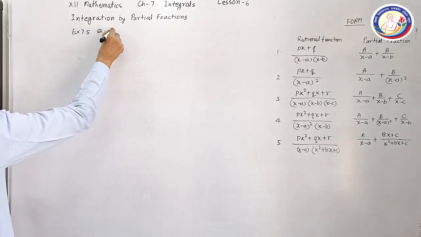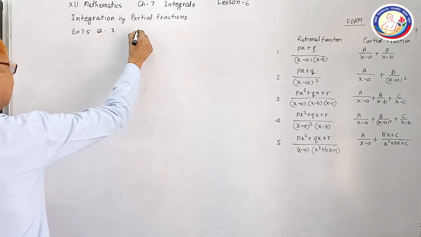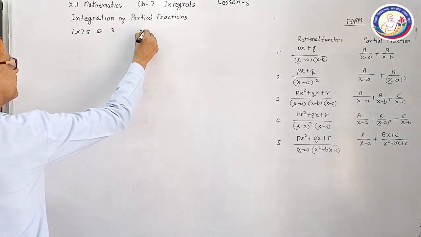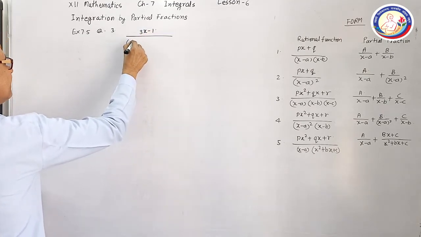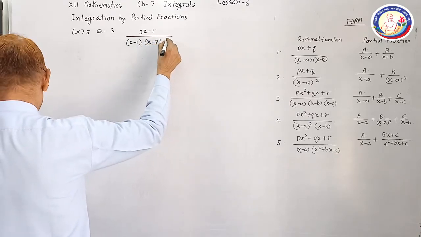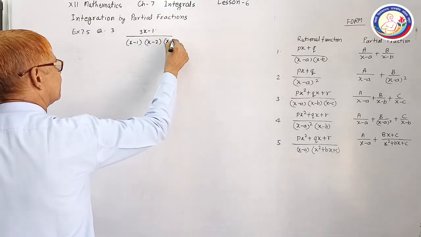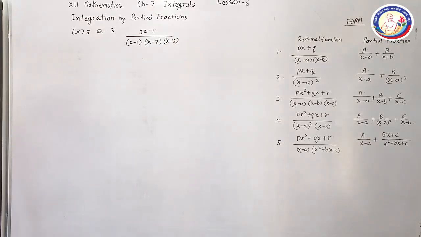We have to integrate (3x minus 1) divided by (x minus 1)(x minus 2)(x minus 3). I am explaining once again the procedure by flow chart.